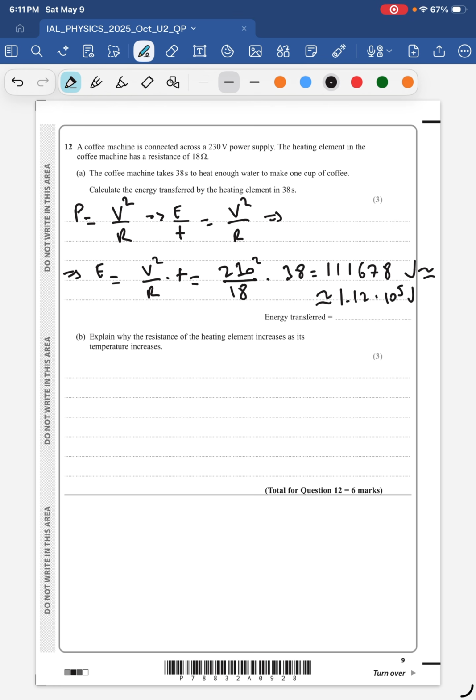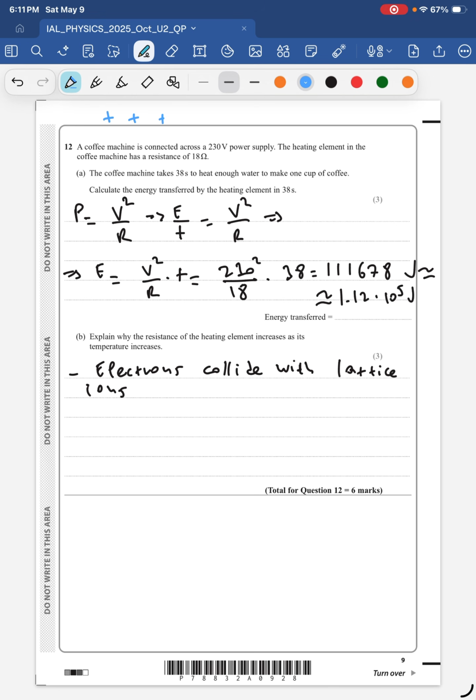So electrons collide with lattice ions. And when we say lattice ions, metals internally look like this.